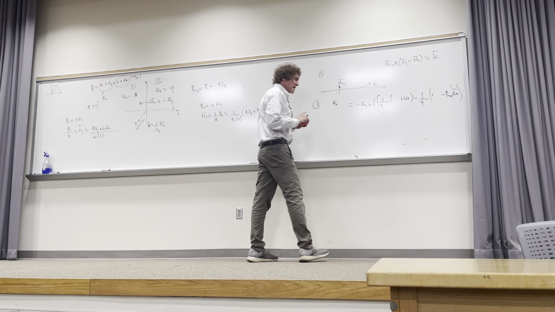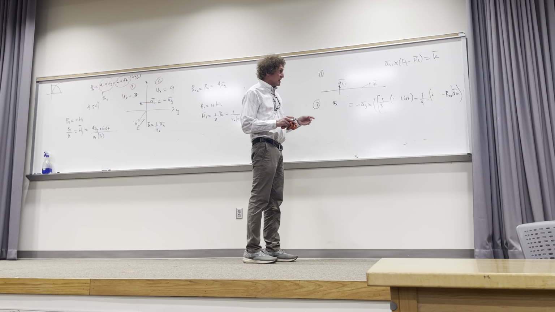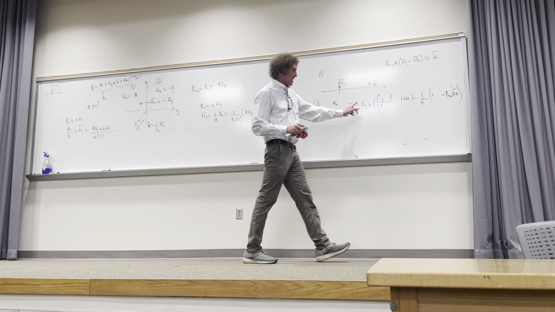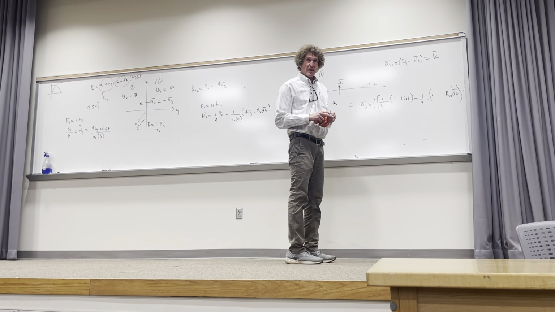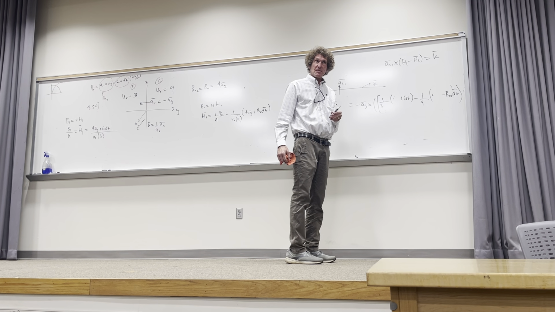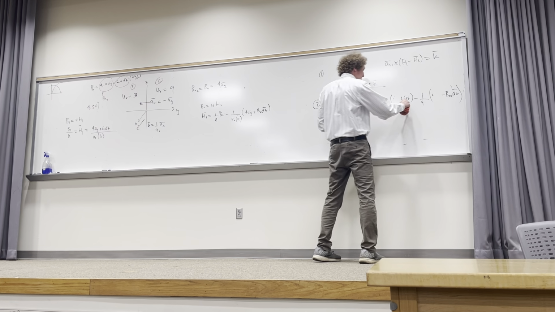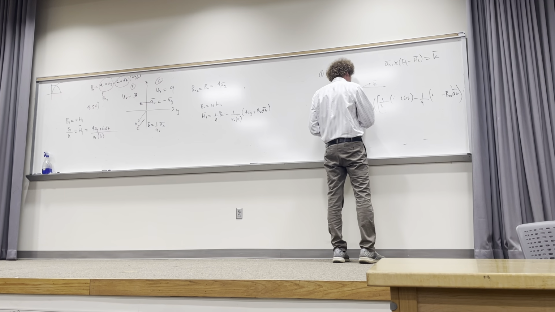Now this is 1. Finally, I'm going to do this. I have AY crossed AZ over there, correct? What's AY crossed AZ? AX. Y cross Z would be AX, positive AX, right? I'm going to leave the minus sign here.